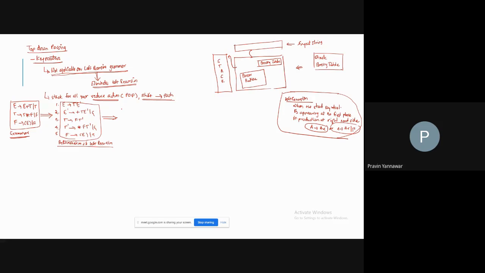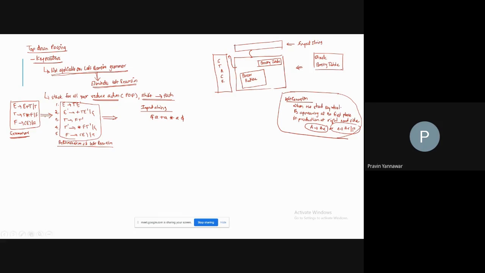for this your input string is going to be $ a + a * a $. So this is your input string. What you need to do here is prepare a stack.